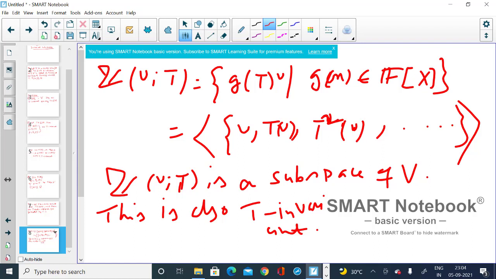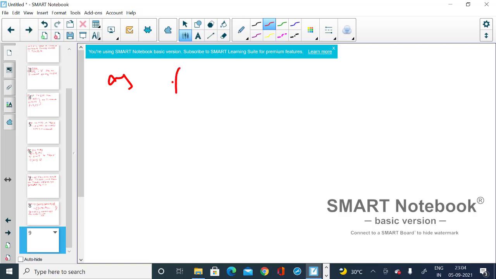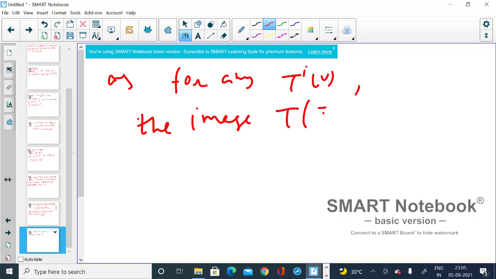If you choose any basis element of the form T^j of V, then if we apply T, you get T^(j+1) of V, which is again an element of this cyclic subspace, right?